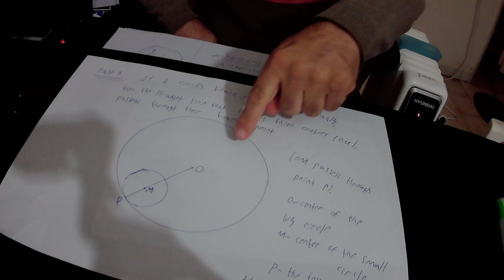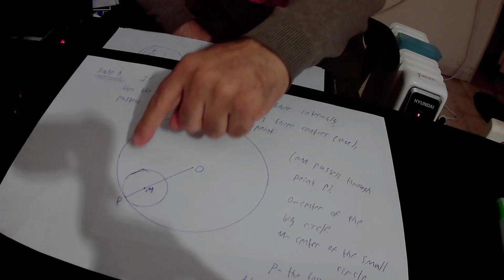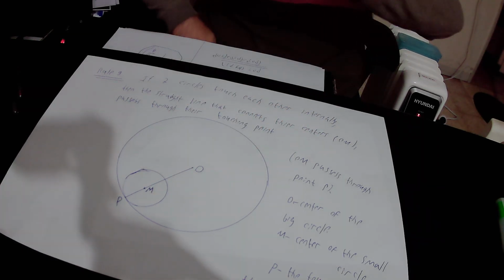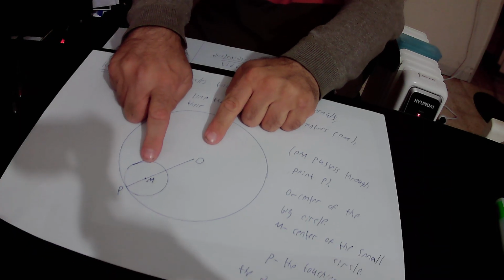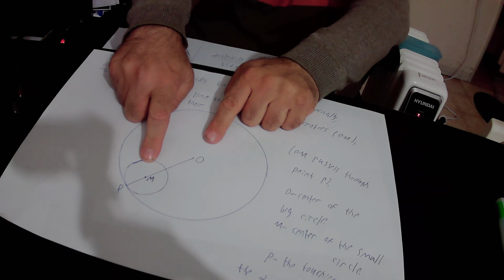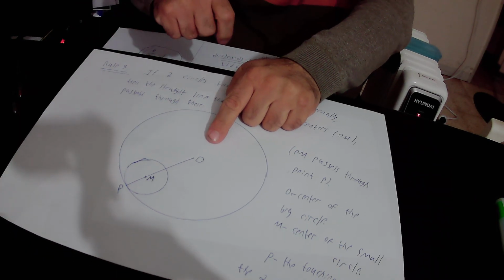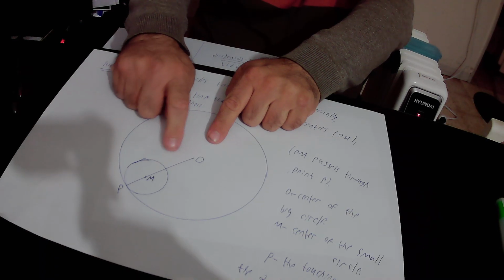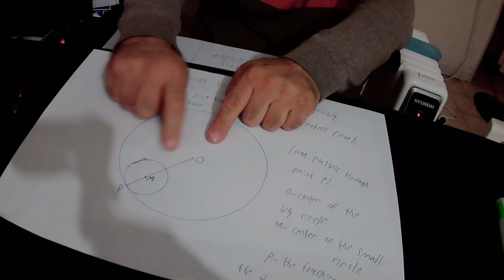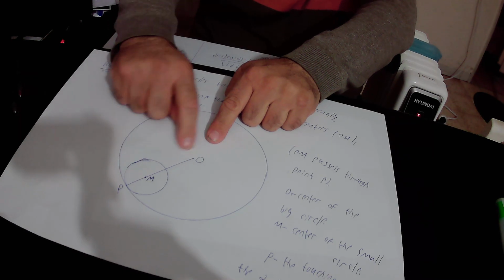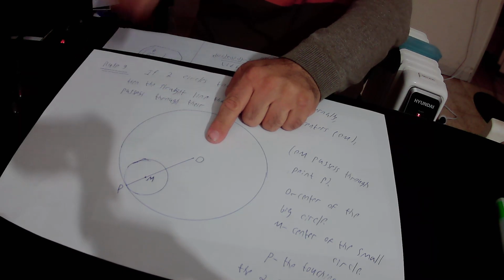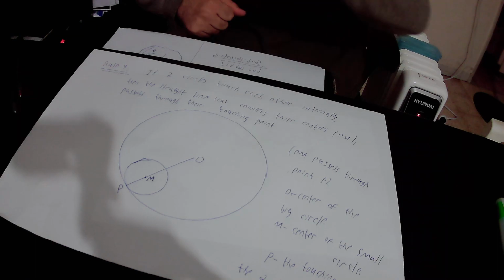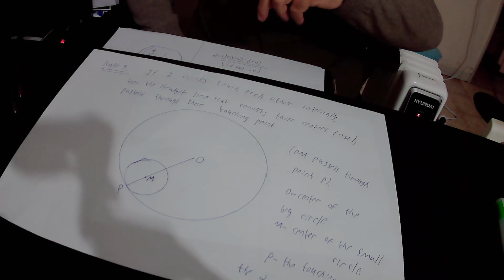Here, the center of the big circle is point O, the center of the small circle is point M. OM is the straight line that connects the centers together. According to rule number 9, the straight line OM must pass through point P. That is to say, OMP is one straight line.